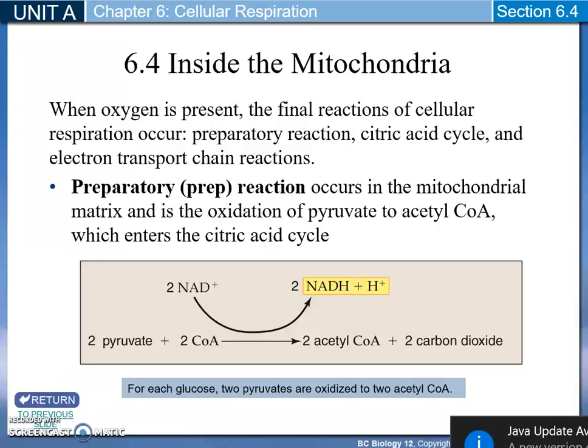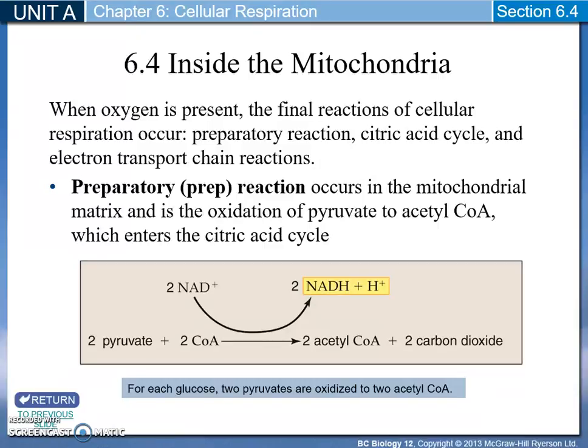So now what we'll look at are the final 3 phases of the breakdown of glucose in the presence of oxygen. When oxygen is present, everything moves inside the mitochondria. This is phase 2, which is referred to as the preparatory or prep reaction.